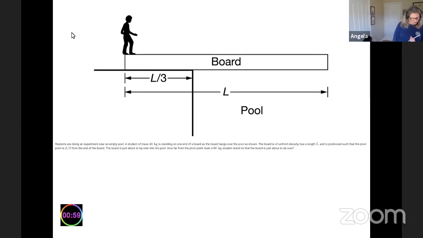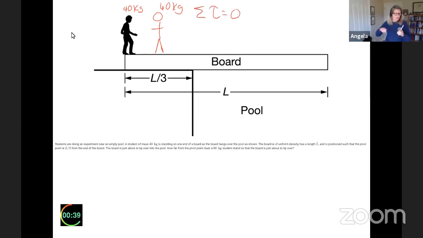Okay, so basically you have a 40 kilogram student who's just balancing this board at L over 3, and they say, where would you want to put a 60 kilogram student to balance the board? Okay, well, if you think about it, we know that the sum of the torques is 0. So the clockwise torque is from the earth pulling down on the board, and then the counterclockwise torque is from the student, right?